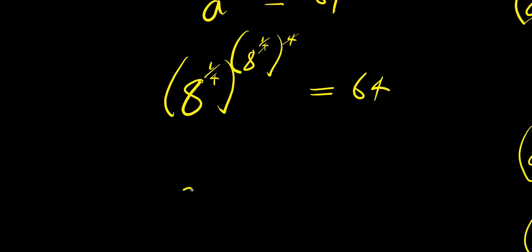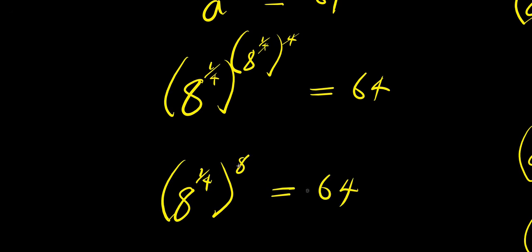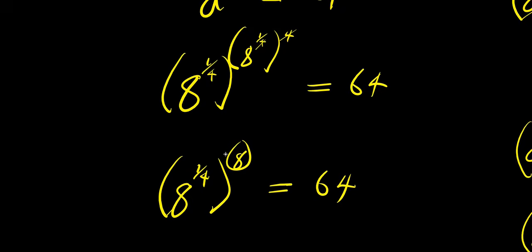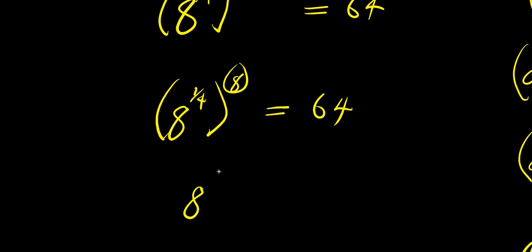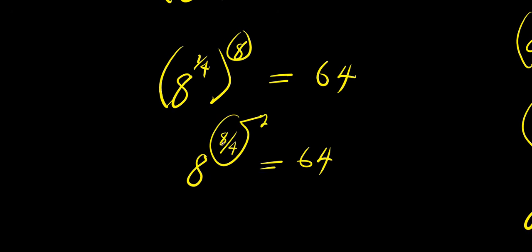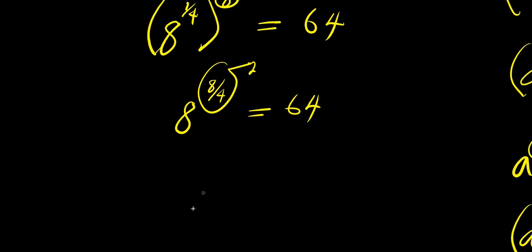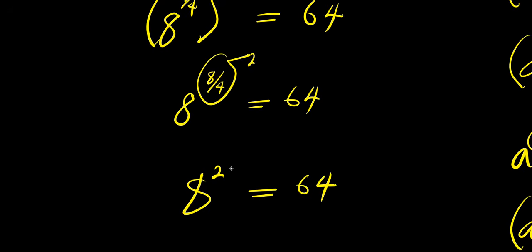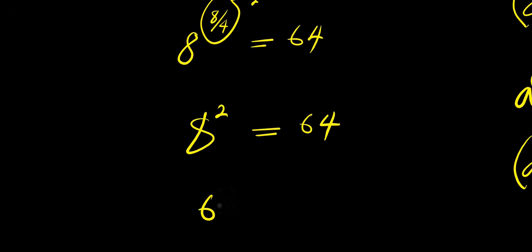What we have left is just 8 power 1 over 4 raised to the power of 8 equals 64. 8 times 1, that is 8. So we have 8 power 8 over 4 equals 64. This is 2. So from here we have 8 power 2 equals 64. And 8 power 2, that is 8 times 8. We have 64 equals 64. Left hand side equals right hand side.